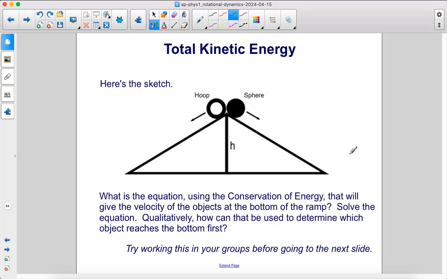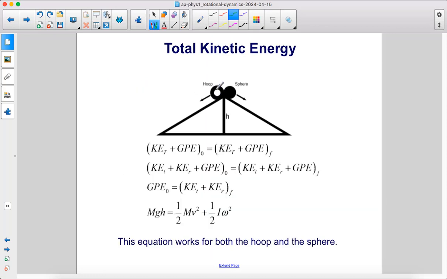So initially, when the hoop is at the top of the ramp not moving, it only has gravitational potential energy. At the very bottom, it's going to be rolling and translationally moving at the same time. So it's going to have two forms of kinetic energy, translational and rotational.